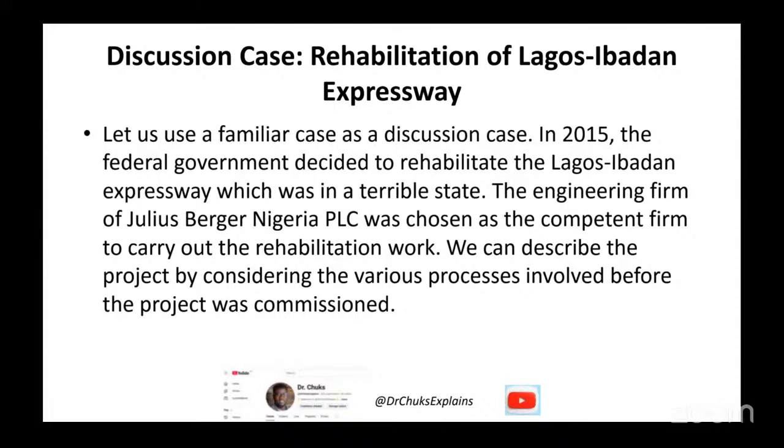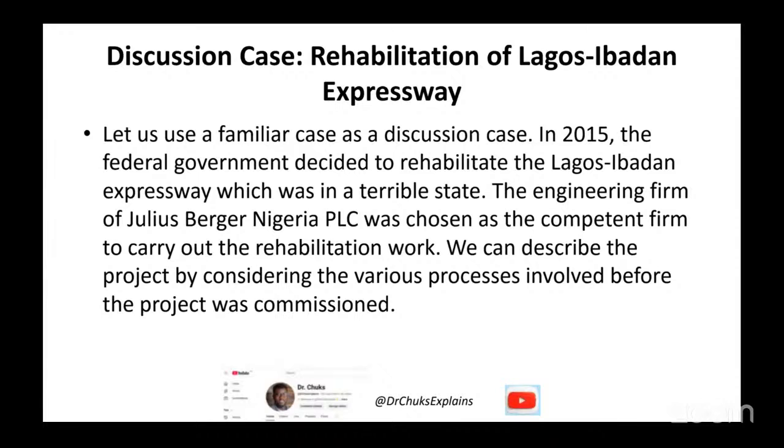It may have been awarded in the year 2015 by the federal government, which decided to rehabilitate that particular expressway because of its terrible state. The engineering firm, tentatively Julius Berger Nigeria, was chosen as a competent firm to carry out the rehabilitation project because they have shown themselves to be competent.